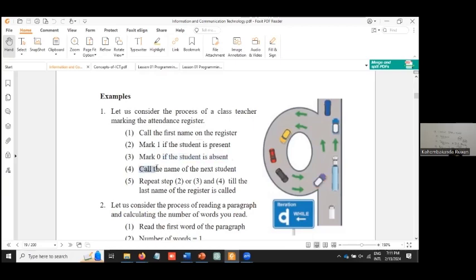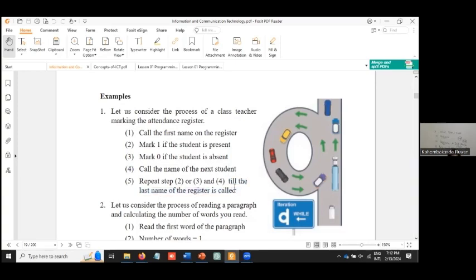Fourth, call the name of the next student. In this place, you can see the repetition. Then go to the next student. Looping, repeating. Fifth, repeat steps 2, 3 and 4 till the last name of the register is called.